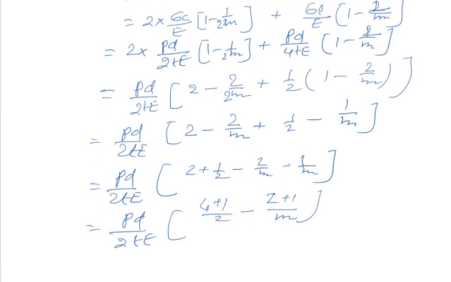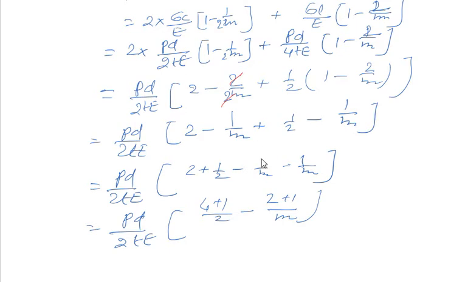So this 2 and 2 will be cancelled, remaining is 1 by m, correct.